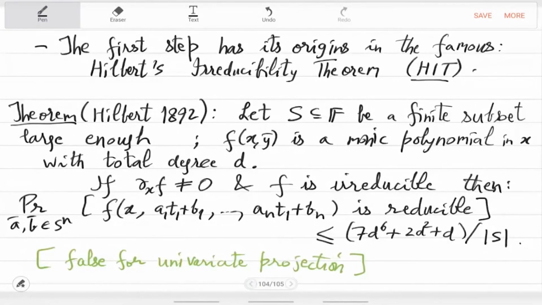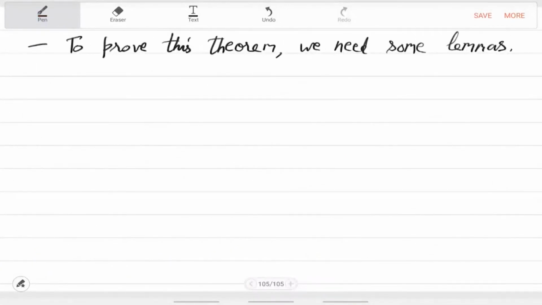So let me first handle this monic business, this condition that we need. Let me talk a bit more about this. For that I will need the following lemma. We directly state the lemma. This is called the polynomial identity lemma.